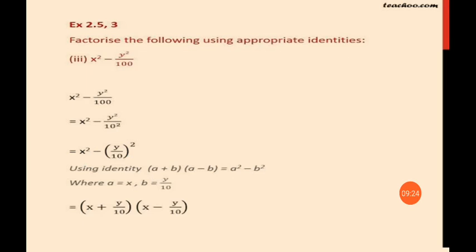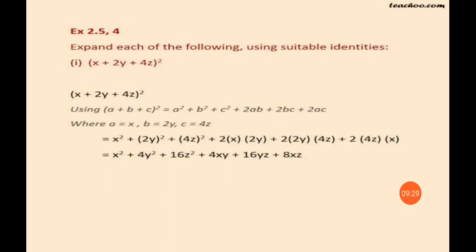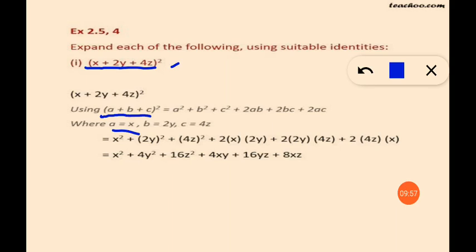Understood? Now moving toward question 4. Question 4 says: expand each of the following using a suitable identity. And the question is (x plus 2y plus 4z) whole square. Here again, which identity do you have to use? 2 degree, 3 variables. So we have to use the (a plus b plus c) whole square formula, where a is equal to x, b is equal to 2y, and c is equal to 4z.